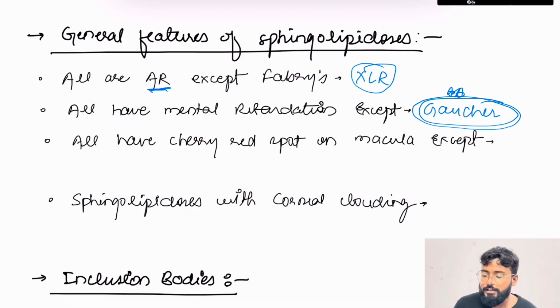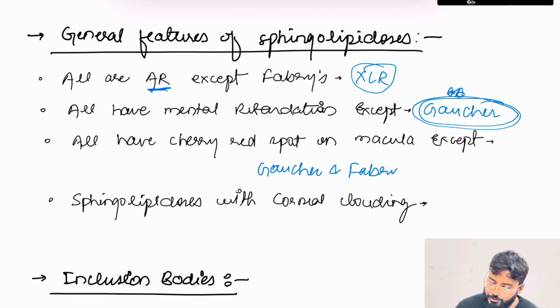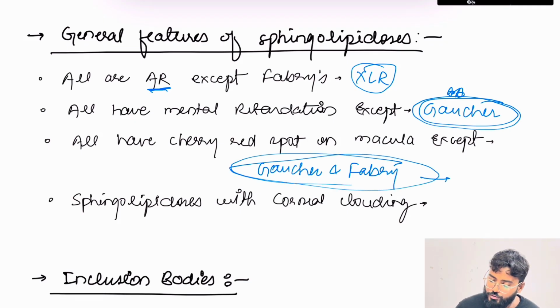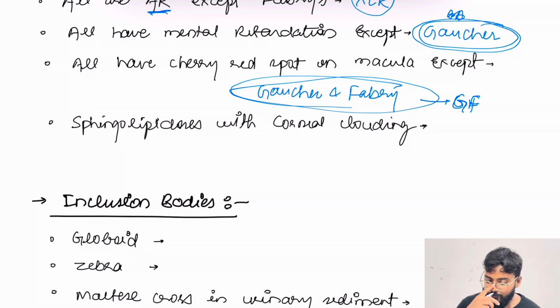All have cherry red spots on macula except your Gaucher and your Fabry. So Gaucher and Fabry don't have cherry red spot on the macula. Now sphingolipidosis with corneal clouding, that you are going to see in case of Fabry's and GM1 gangliosidosis.